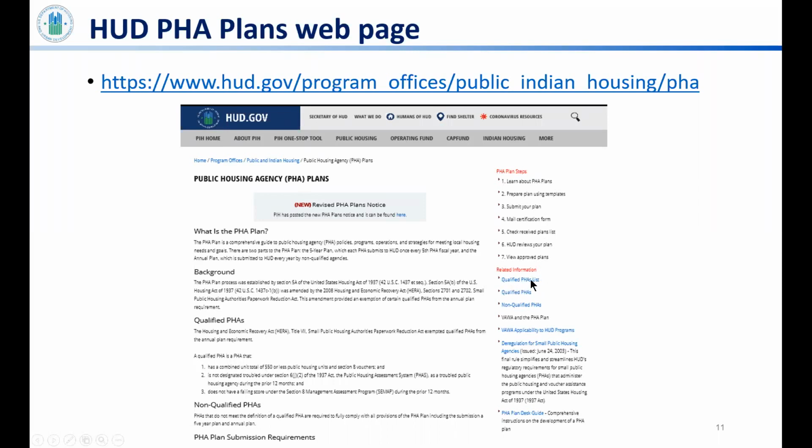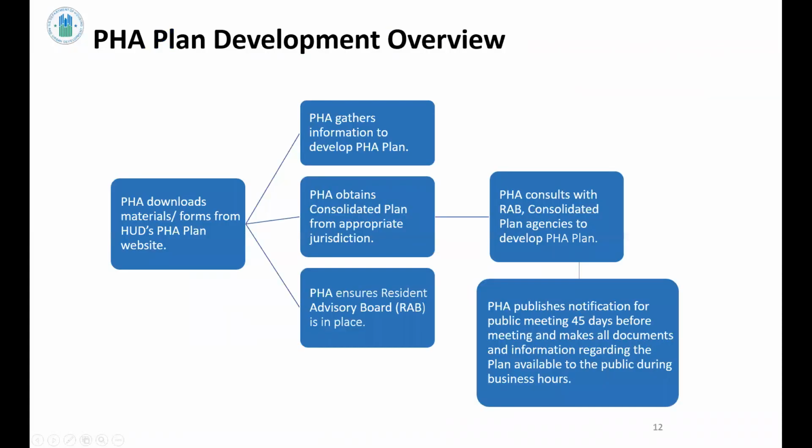You can click on there and it pulls up a long list. If you're on the list, you don't have to submit a plan, at least an annual plan. So that is a good source that you can go to. I will have a link at the end as well for that.